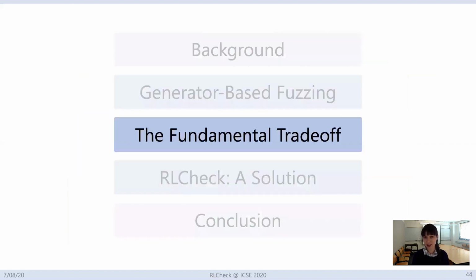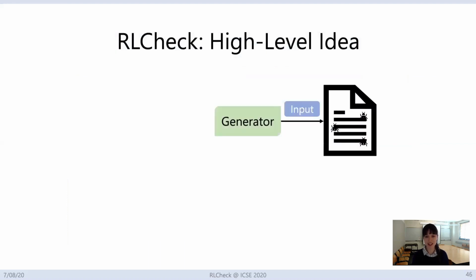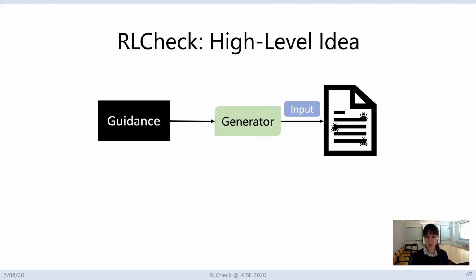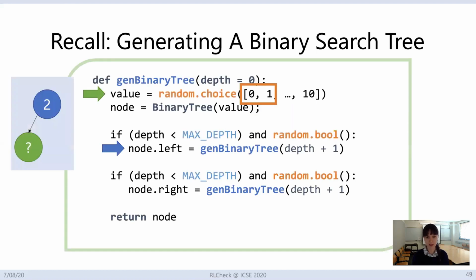So how may RLCheck help? The high-level idea is that instead of your generator just generating random inputs, it's going to be guided by a guidance that's educated by whether the last choices the generator made resulted in a valid and unique input. Fundamentally, the generator is capable of generating a binary search tree.